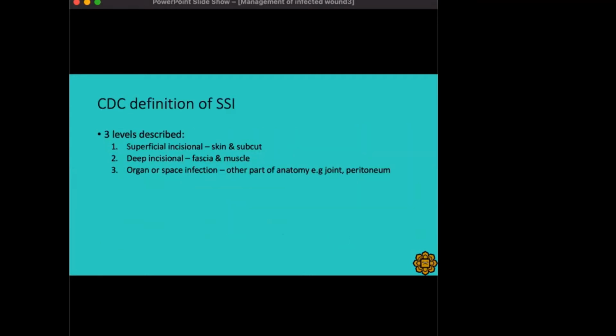Now, the Centers for Disease Control of the USA defines SSI. The definition gives three levels. You have the superficial incisional, which is basically at the level of skin and subcutaneous tissue. You have deep incisional SSI involving the fascia and muscle, or you have the organ or space infection, which involves other parts of the anatomy, for example joint or peritoneum.